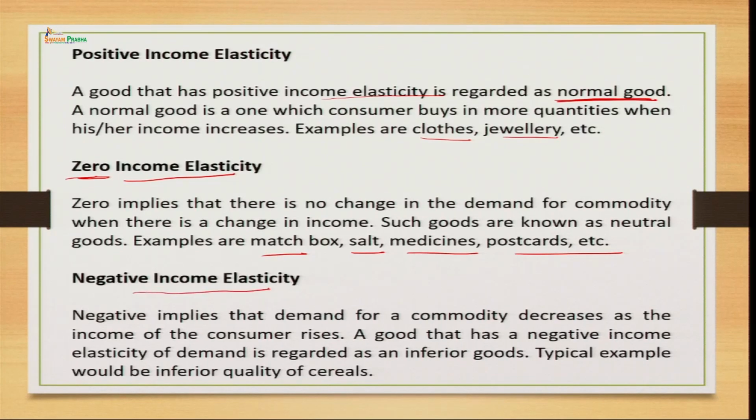Next is the negative income elasticity. As you can see, the word negative implies the opposite, right. So, an inverse relationship is there. For these commodities, we can say that whenever the income of a consumer increases, quantity demanded for these items will reduce, right. Rather than increasing, the demand for these commodities will decrease because these goods are treated as inferior goods, right.